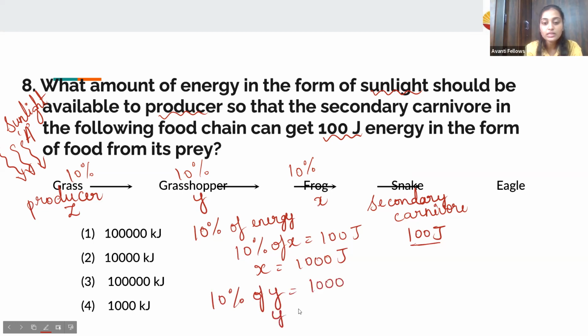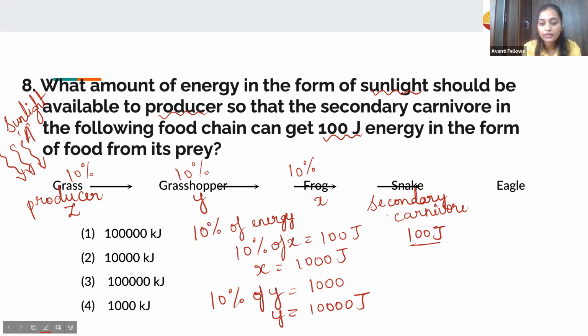That means the grasshopper's energy will be 10,000 joules.